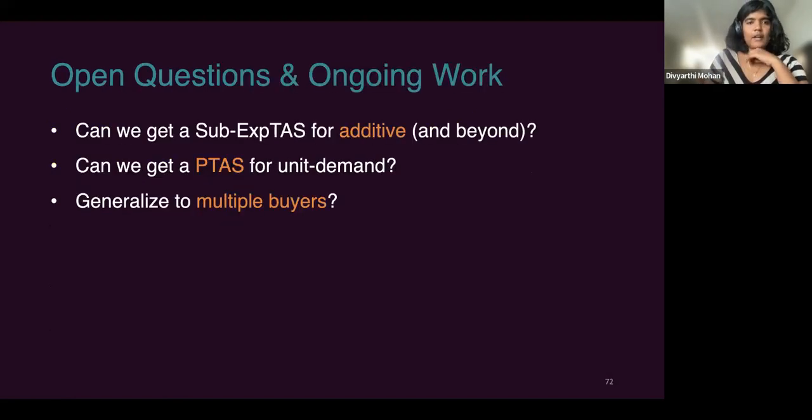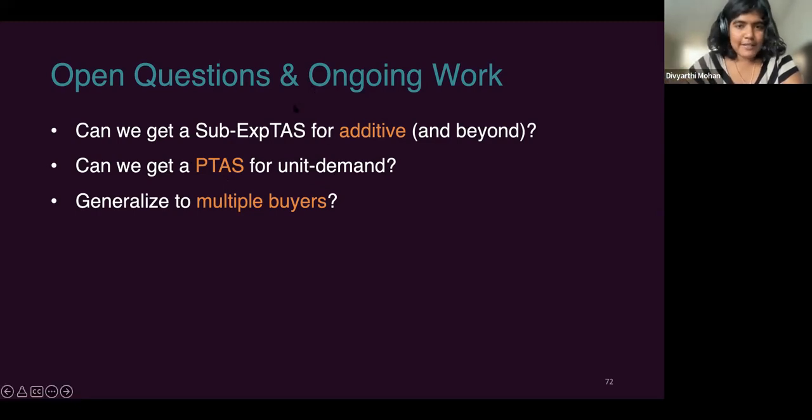There are many open questions in this line of work. For example, can we extend our results beyond the unit demand case? For the additive setting or even for subadditive buyers, can we get sub-exponential time approximation schemes? And as I said earlier, we don't know whether or not a PTAS is possible for the unit demand case, even when we have bounded or finite distributions.